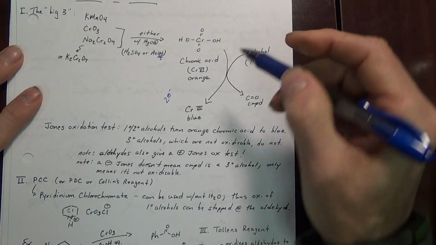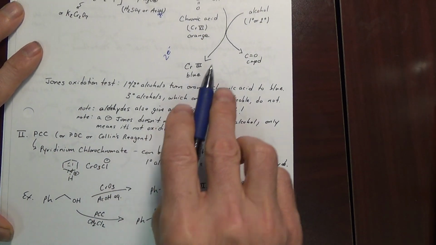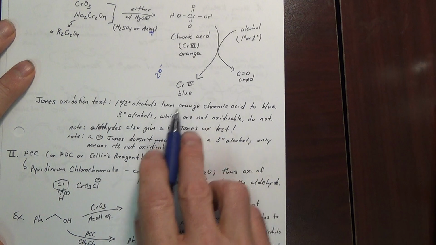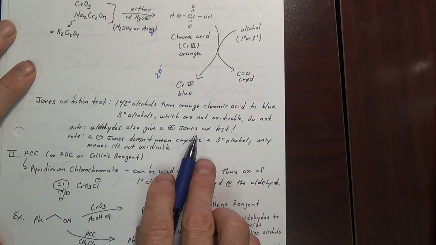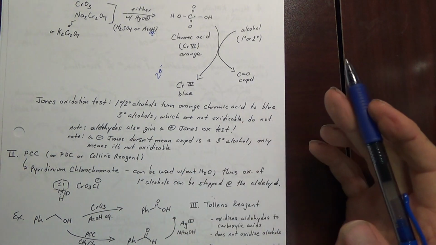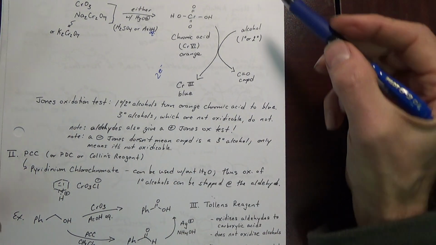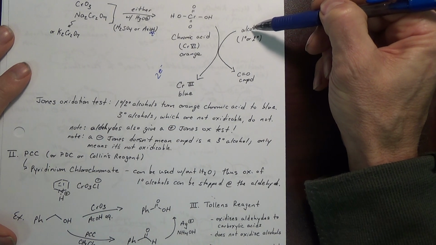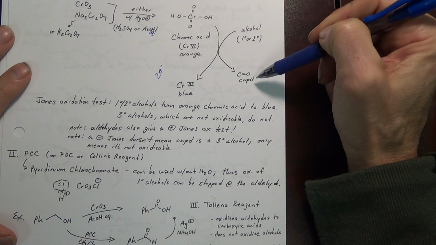This will not happen, and thus they will not turn the chromic acid from orange to blue. So if you combine these and you don't get a change to blue, you're like, hey, my alcohol is not being oxidized. It must be a tertiary alcohol.